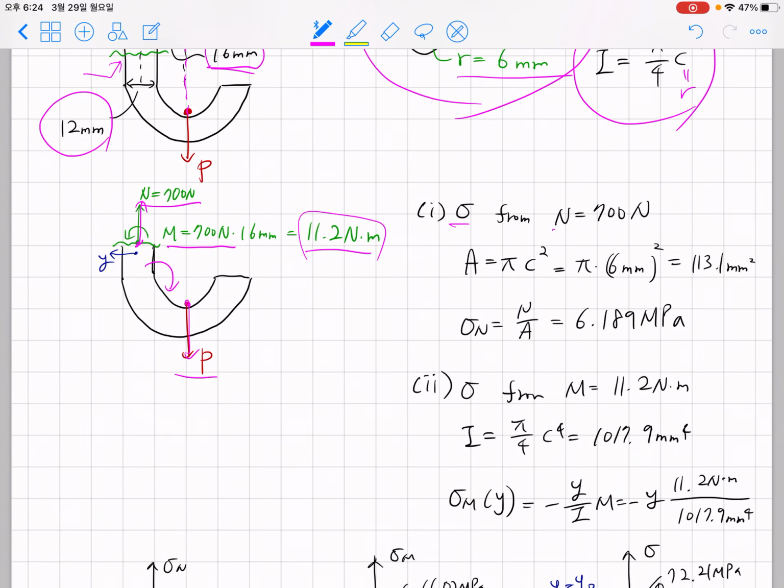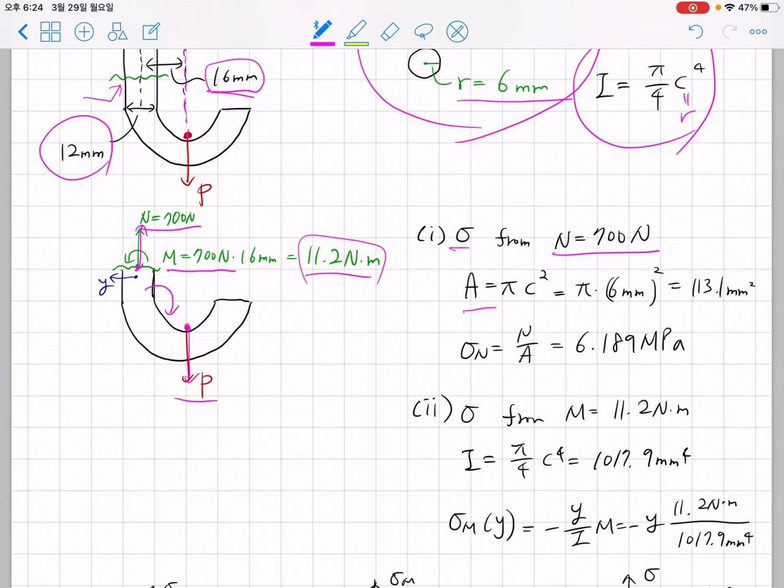So for the stress from the normal force N, A is pi c squared, and A is 103.1 square millimeters, and the normal stress from the normal force is given here.